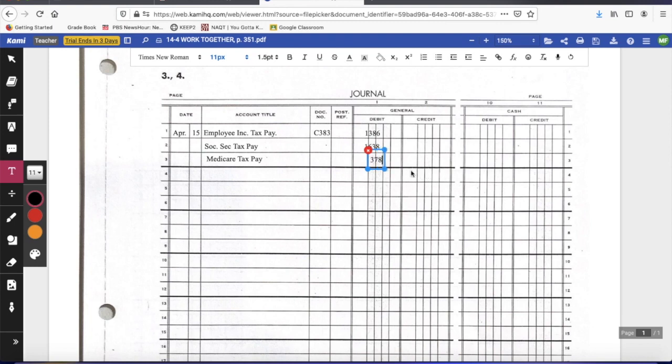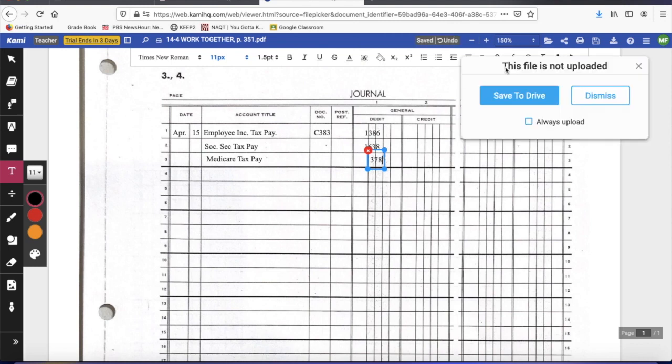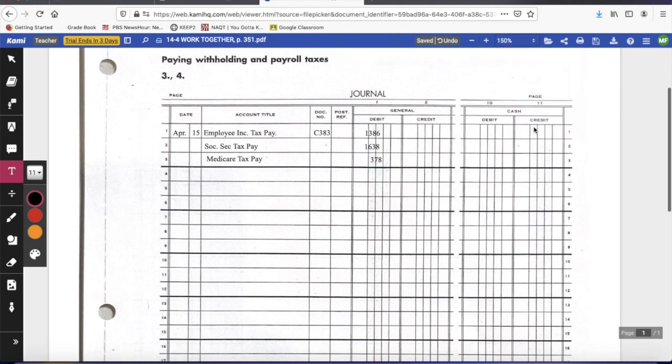Now, since you have a debit side, you also need to credit your cash side. And you do this because paying the liabilities for the employee income tax, Social Security tax, and Medicare tax reduces the liability accounts and the cash account.